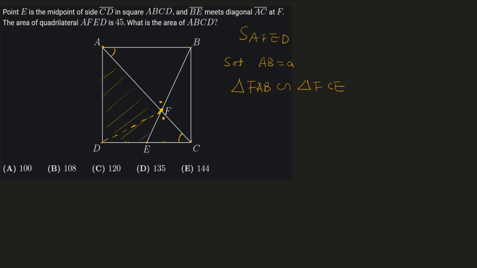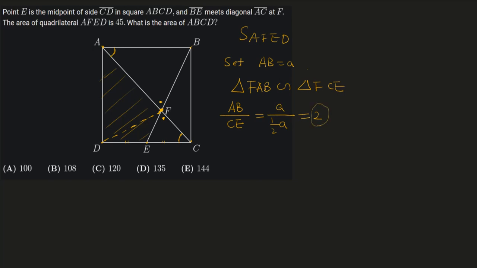And we are not done yet, because at the same time we know that the side AB corresponds to the side CE, and CE is half of A. AB is A, so that's A over half of A, and that equals 2. This 2 is very interesting.